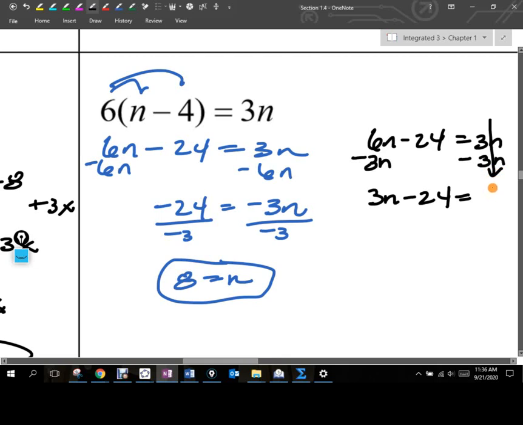And make sure when you say nothing, you correlate that to the number 0. Because my fear is that we get nothing and then we don't write anything, and we don't know what to do from there. But when we have an equation, there is absolutely nothing that can get rid of your equal sign. So I get 3n equals 24, divide by 3 again, n equals 8.